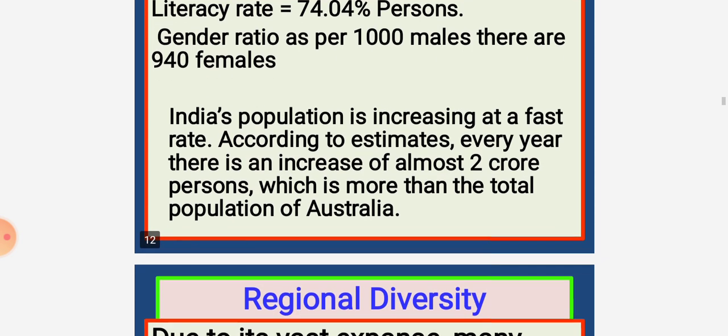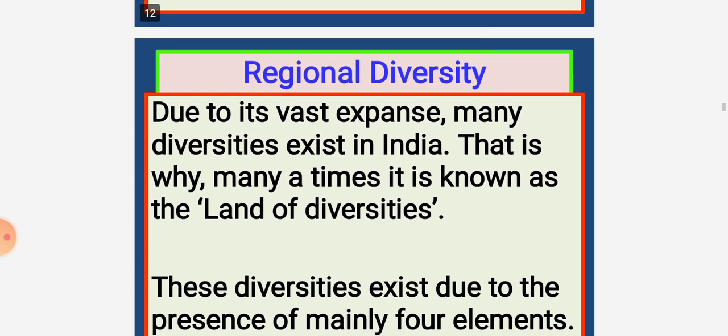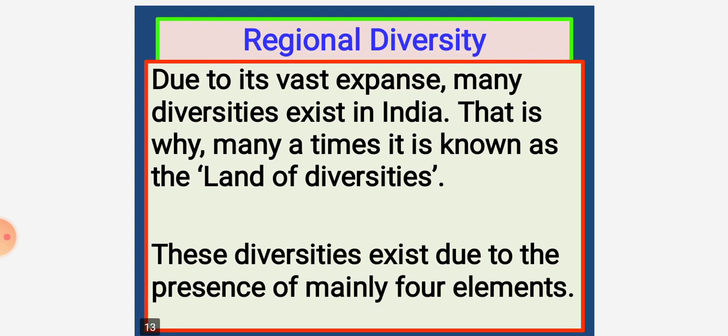Dear students, next we will discuss regional diversity. Regional diversity means diversity due to its vast expanse. As you all know, we studied the length and breadth of our country India, its area, its subcontinent. Due to its vast expanse, many diversities exist in India.